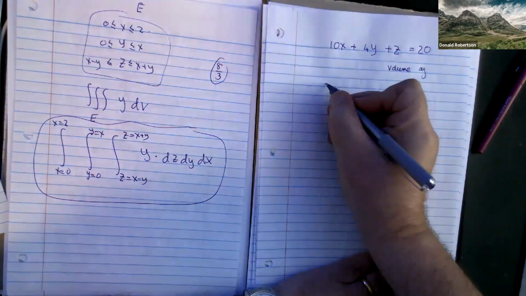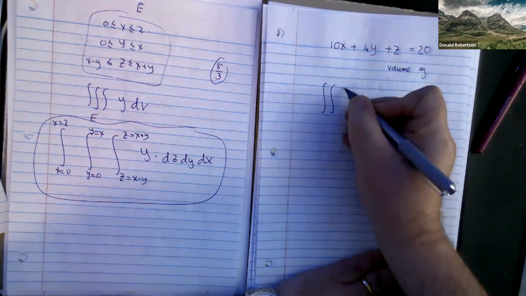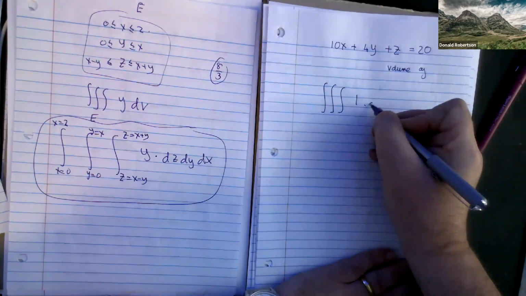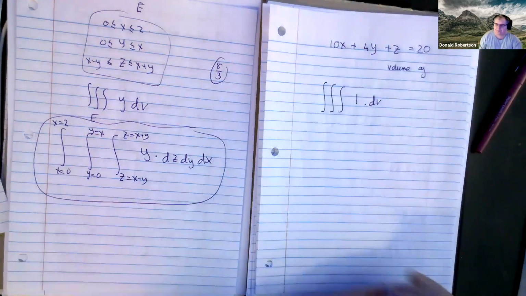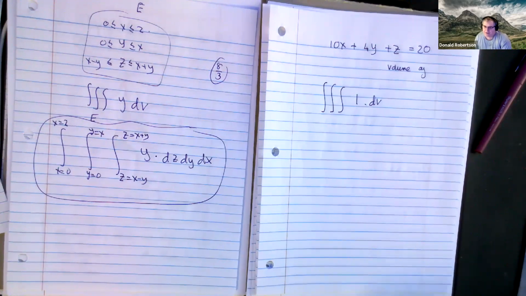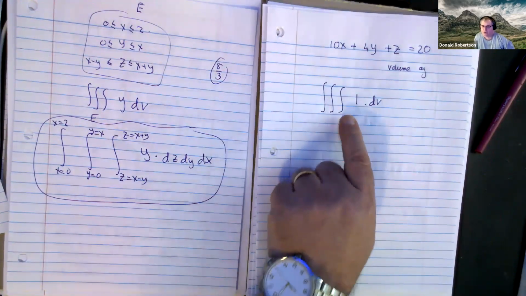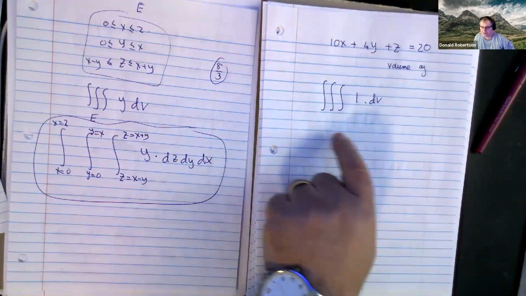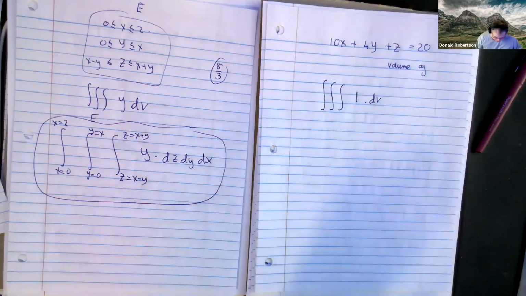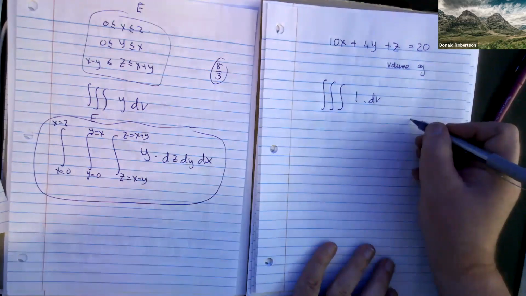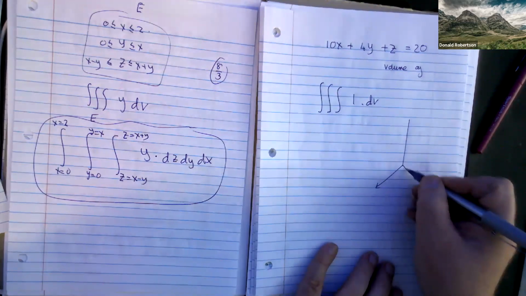Now we know how to do volumes. It's a triple integral of 1. Okay. What we don't have is the limits of integration, right? X from here to here, Y from here to here, Z from here to here. So let's build that from scratch.